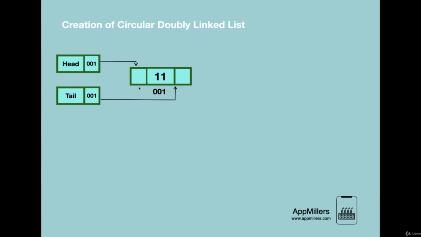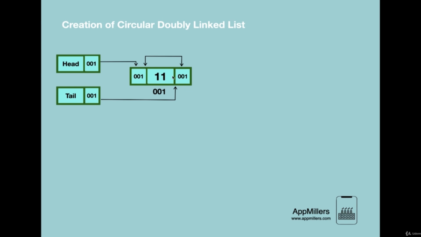This means that previous and the next node of this node will be itself, as we have one node in our double linked list. So this is the first node and this is also the last node. So the previous and the next reference of this node will be itself. So by updating previous and next references of this node to itself, we are creating a link with itself.